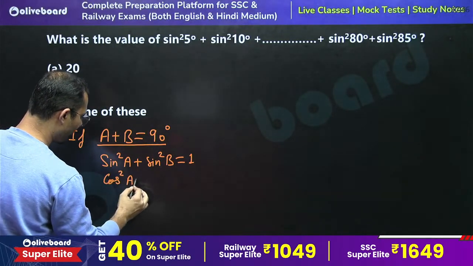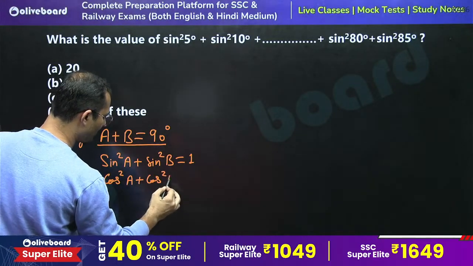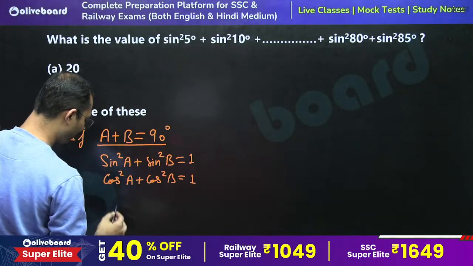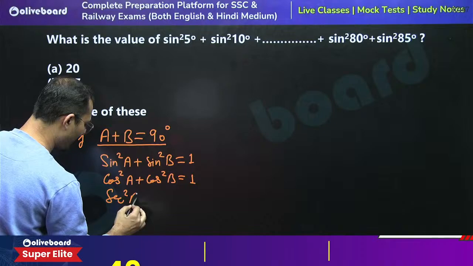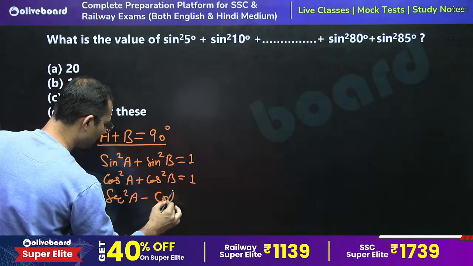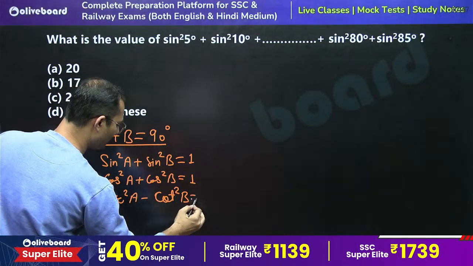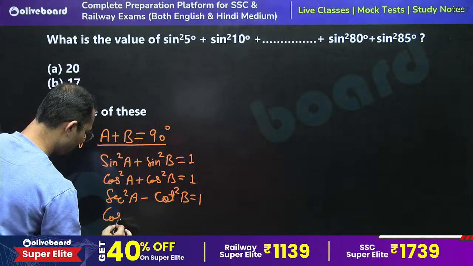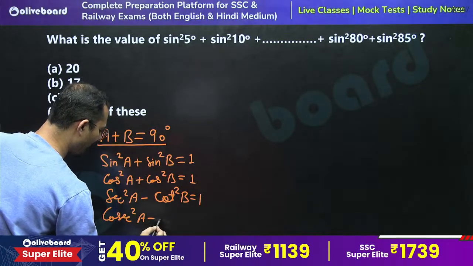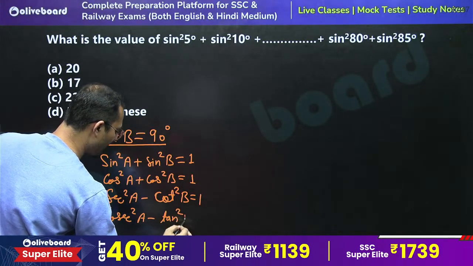Cos square A plus cos square B is equal to 1. And sec square A minus cot square B is equal to 1. And cosec square A minus tan square B is equal to 1.